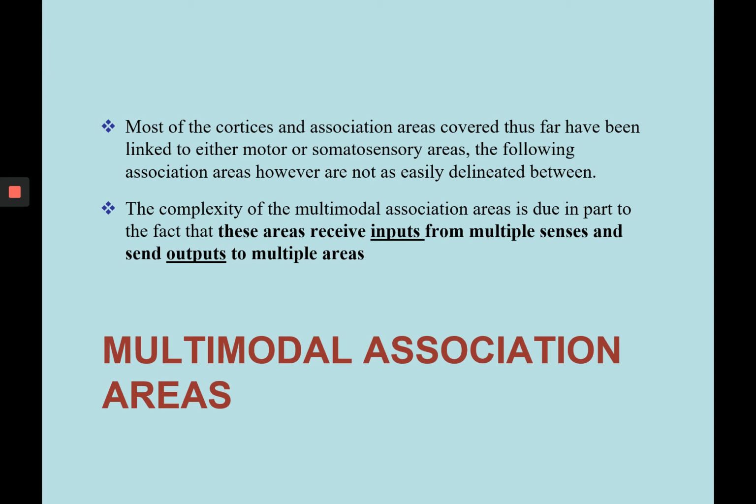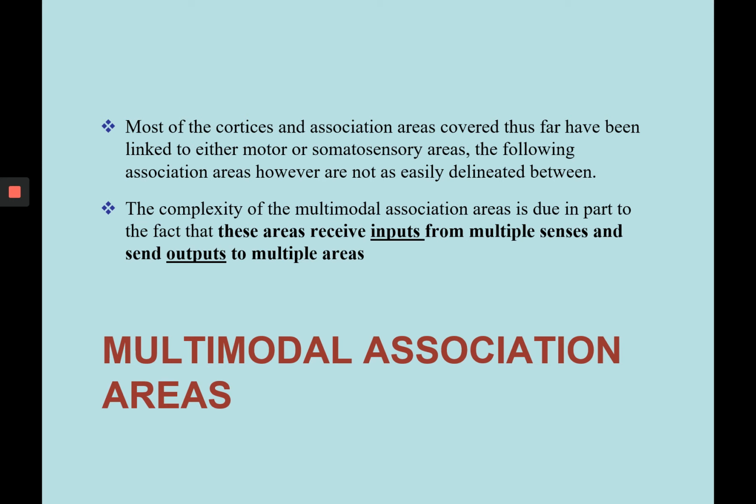We can't say that for the multimodal association areas because they put so much information together or make information that needs to go somewhere else that it's hard to dictate that they're one thing or the other. But they are generally located in areas where we can say most of the signals they're receiving are sensory or they're making motor outputs. But again, very generalized information we can give you about multimodal association areas.